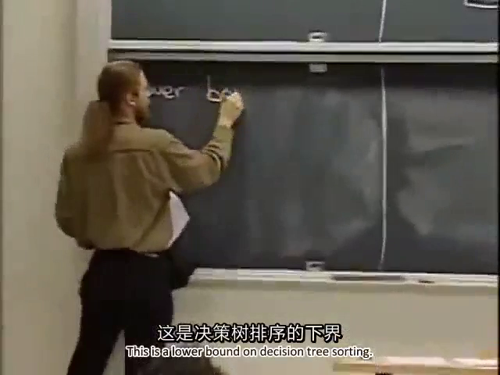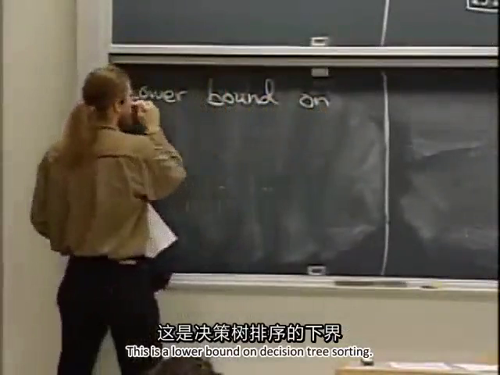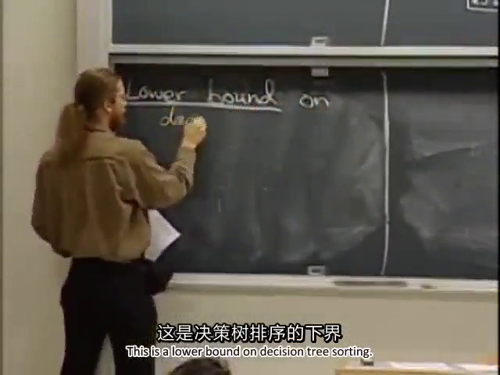So this is a lower bound on decision tree sorting.